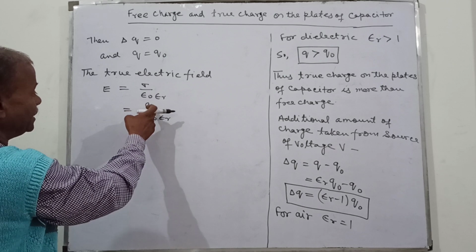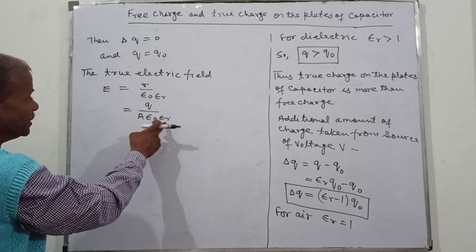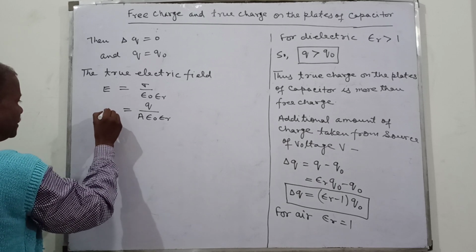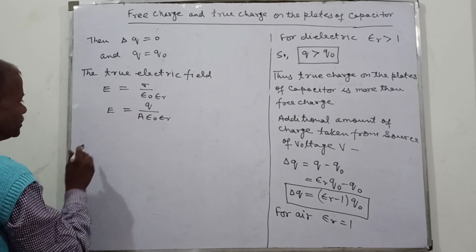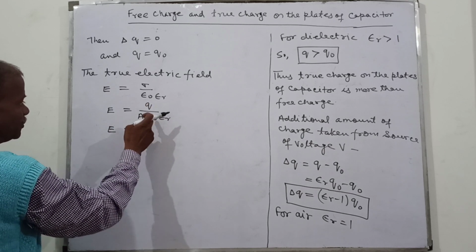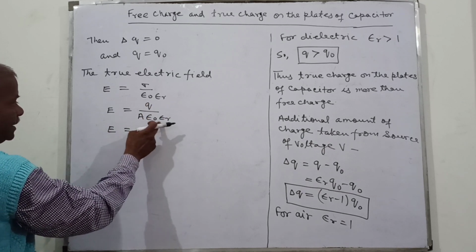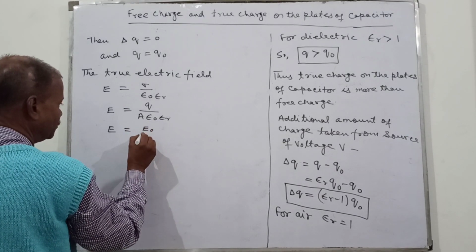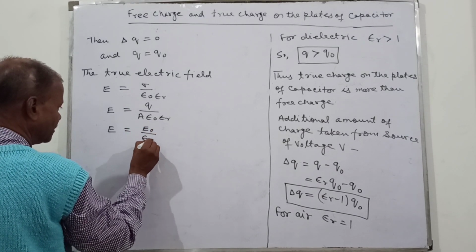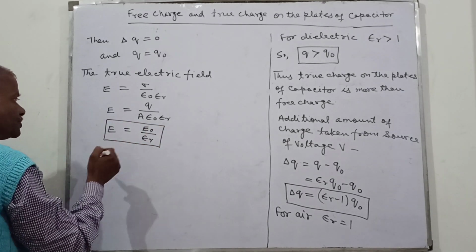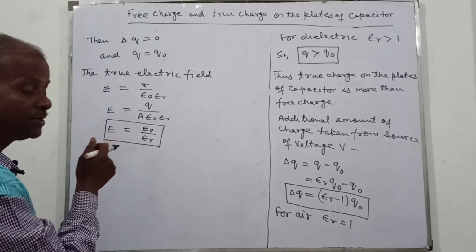Before, I wrote this Q naught, but now I am writing this Q. So this E is equal to E naught upon epsilon r. So this electric field also decreases.